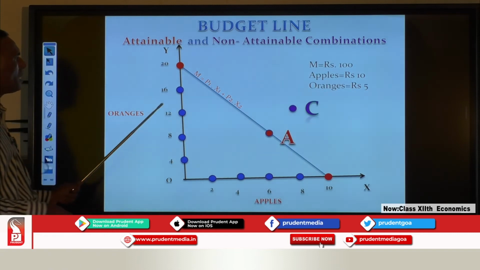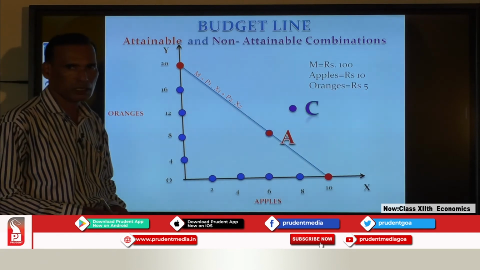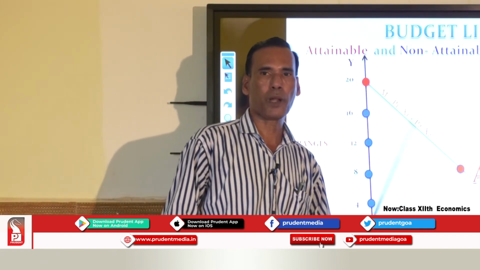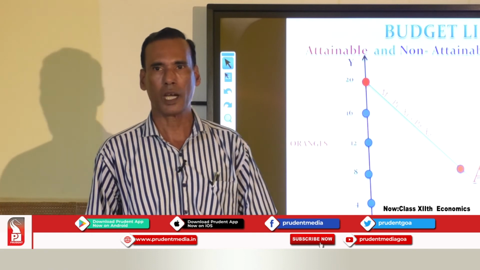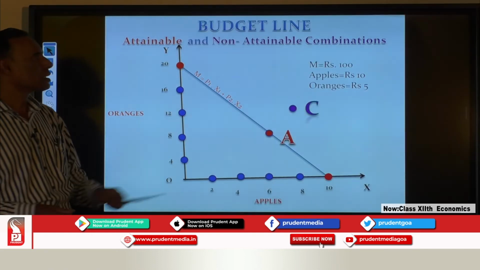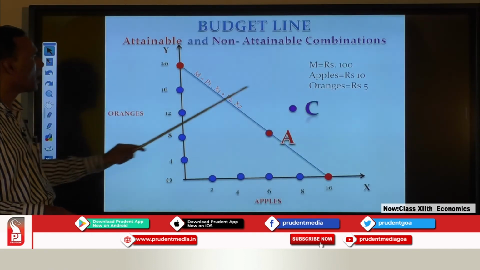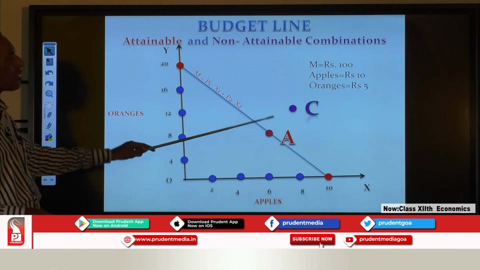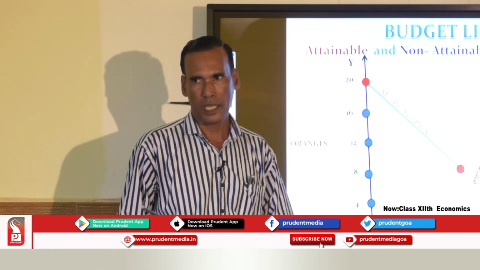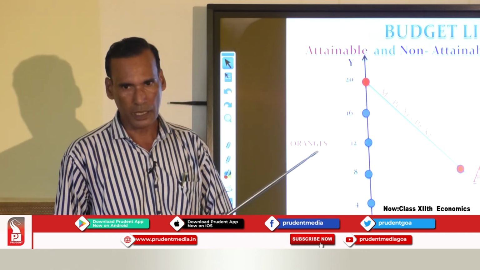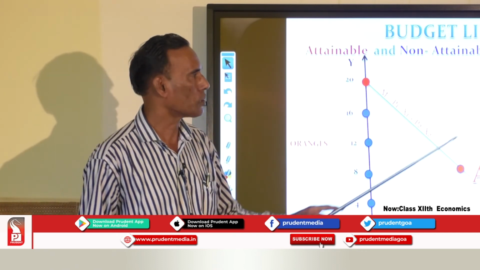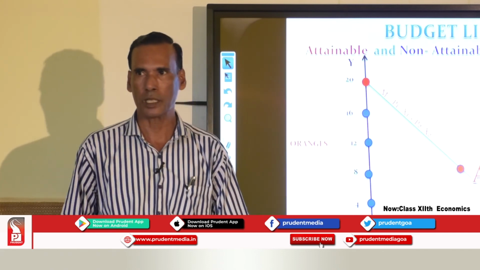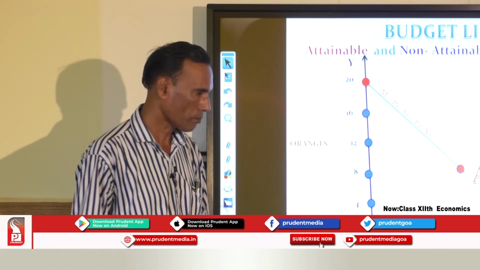So, the total amounts to 60 rupees. So, 60 plus 80 will give you 140. Income of the consumer is 100. Is that clear? 40 rupees are in excess, which the consumer doesn't have. So, this is an unattainable combination.